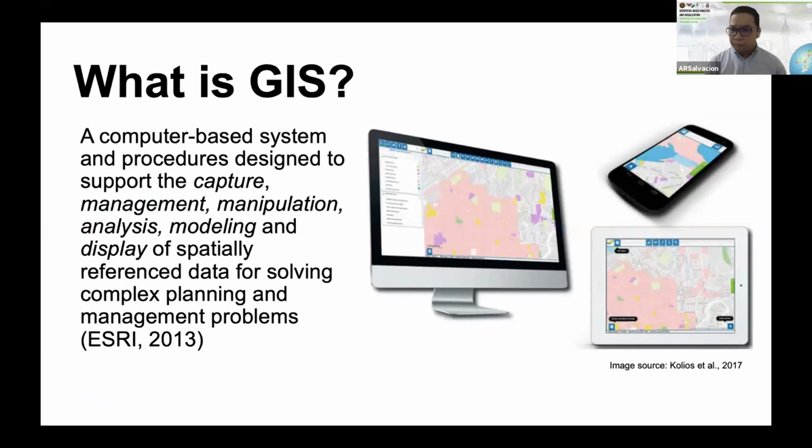Based on the ESRI definition, the Environmental Systems Research Institute, who developed different GIS applications, it is a computer-based procedure designed to capture, manipulate, manage, analyze, model, and lastly, display spatially referenced data.